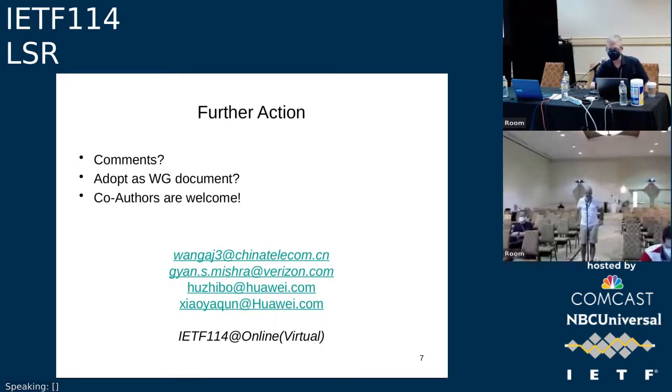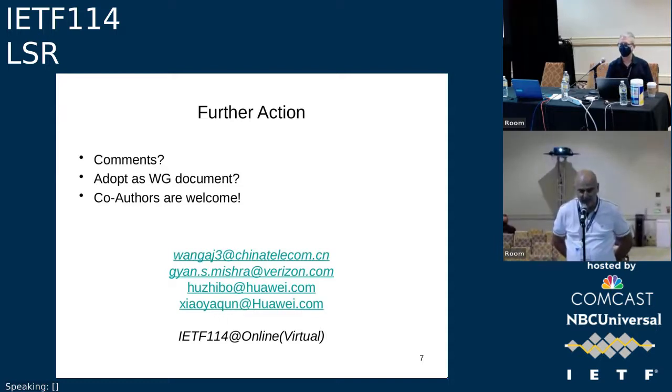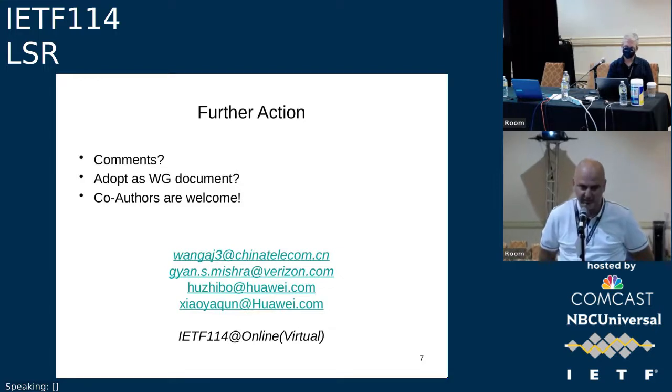Peter's in the queue now. So it's Peter Psenak, Cisco. So Adrian, we expressed many times that the mechanics you use to signal unreachability, advertising the originator as 0, is broken. I don't understand why you are still having that in your draft.